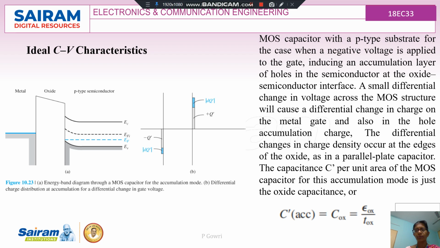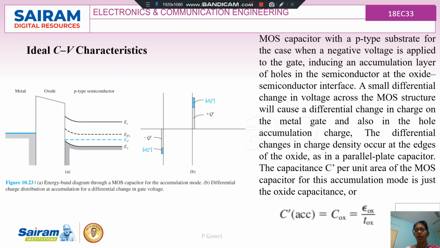So for the MOS capacitor with a p-type semiconductor, when a negative voltage is applied, it results in an accumulation layer of holes in the semiconductor at the oxide-semiconductor interface.